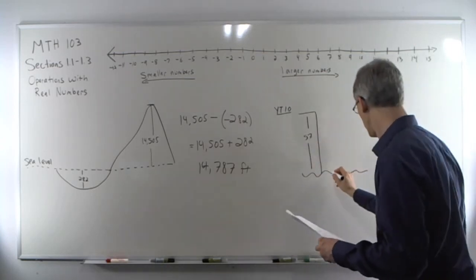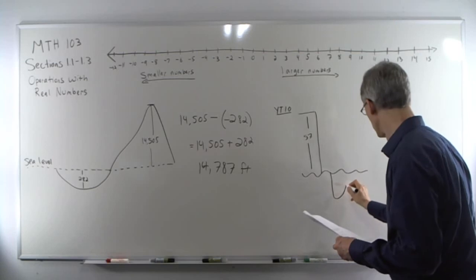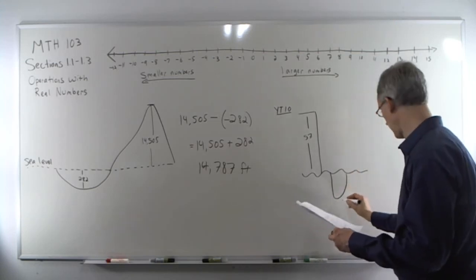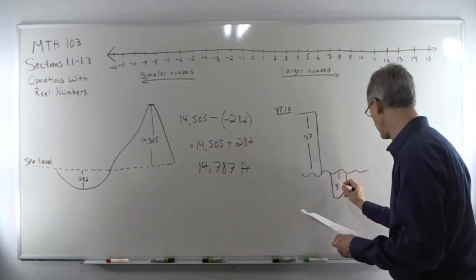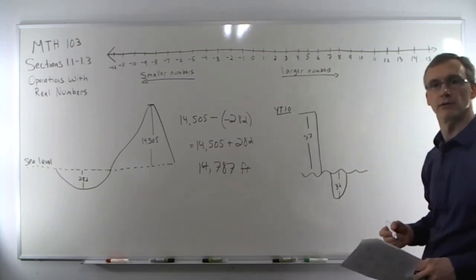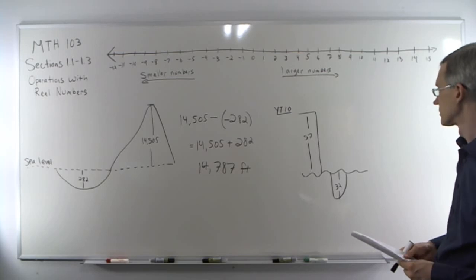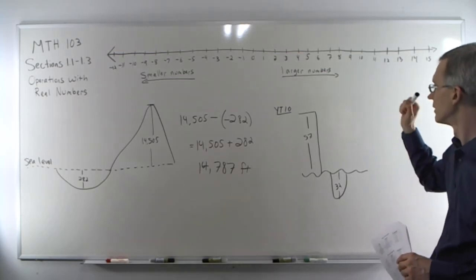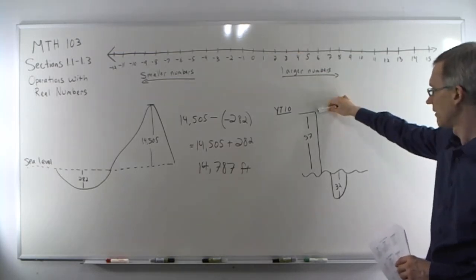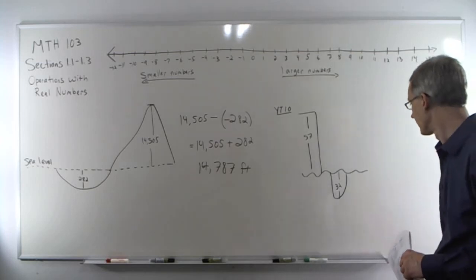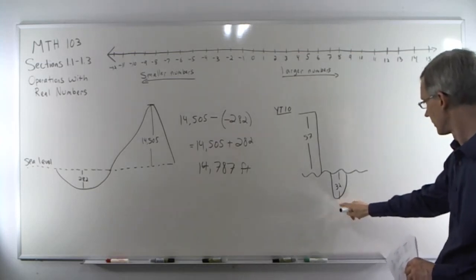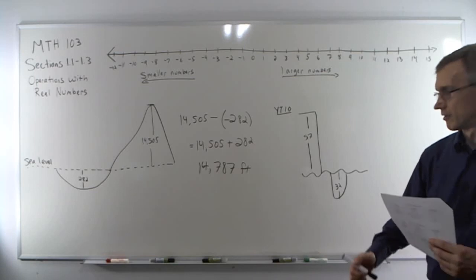And after diving in, goes down the water and ends up 32 feet below the surface of the water. So what's the difference in elevation between the diver being at the top of the cliff there and finally ending up 32 feet below the water?